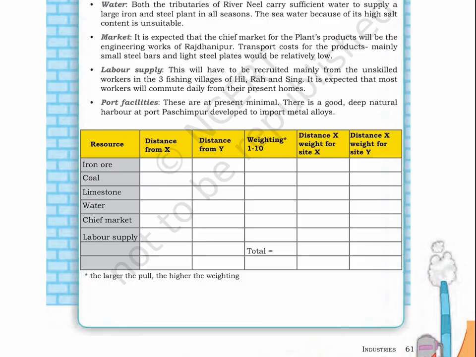The resources mentioned in the first column are iron ore, coal, limestone, water, chief market, labor supply. In the end, you need to calculate and write the total weight of resources.